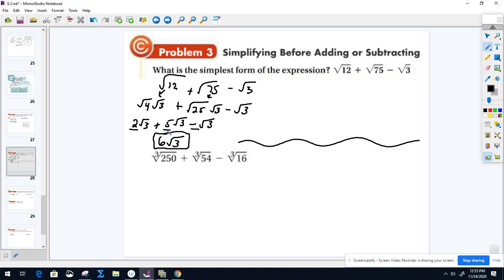Okay, so we have that list of perfect cubes back from 6.2 that you should reference here. What is a perfect cube to simplify this? So this would be the cube root of 125 cube root of 2 plus the cube root of 27 cube root of 2 minus the cube root of 8 cube root of 2.